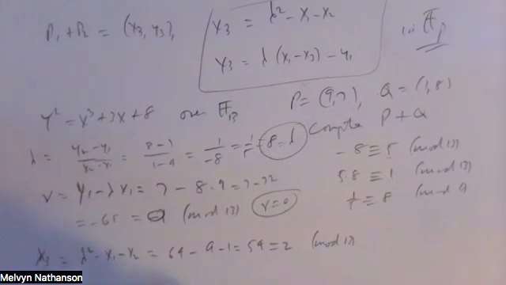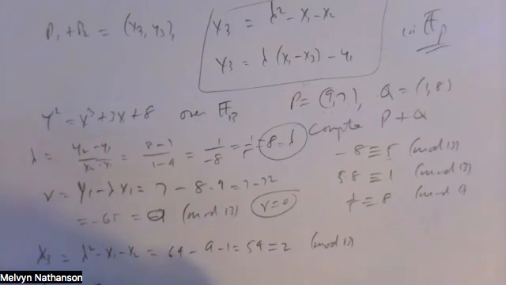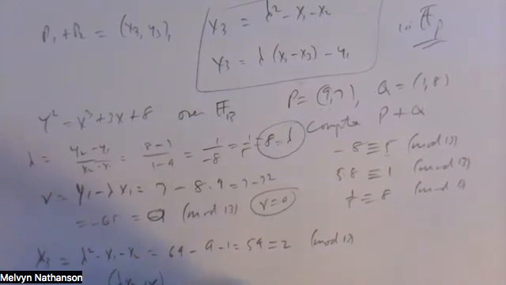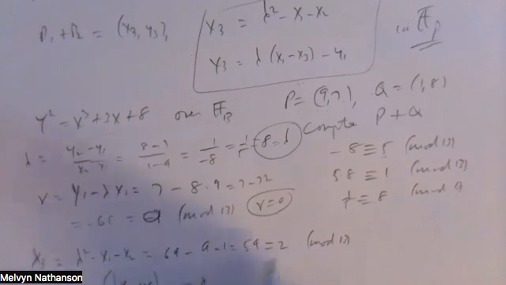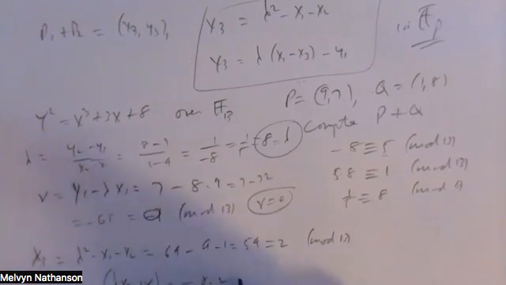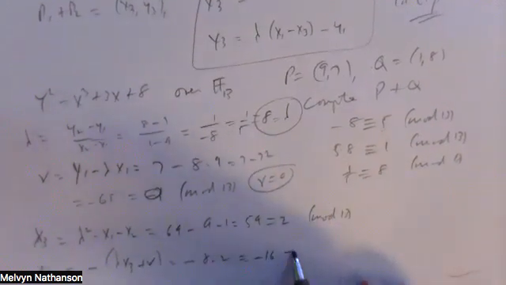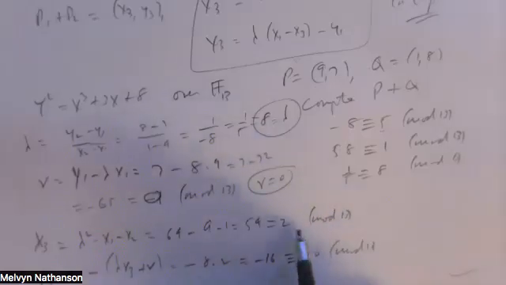Y3 is minus lambda x3 plus nu. So minus lambda is 8, x3 is 2, nu is 0. This is minus 16, which is 10, mod 13.